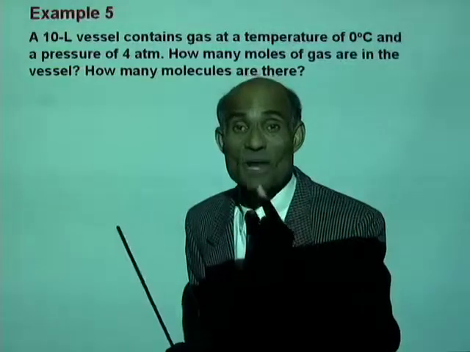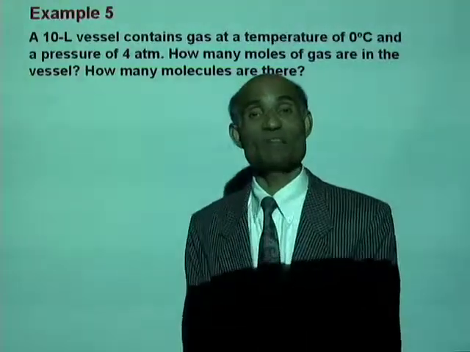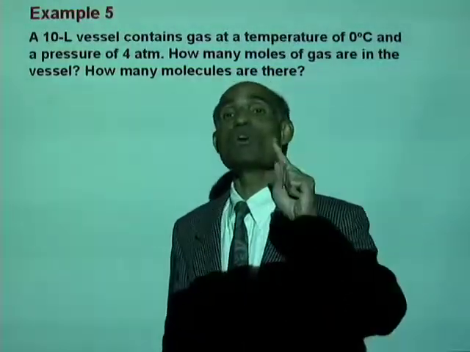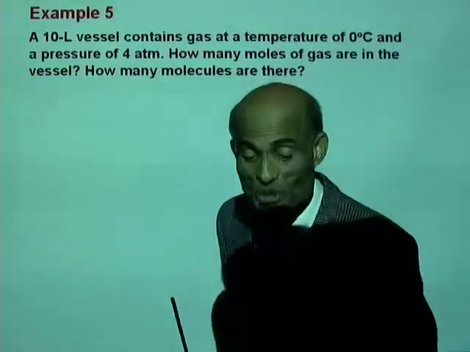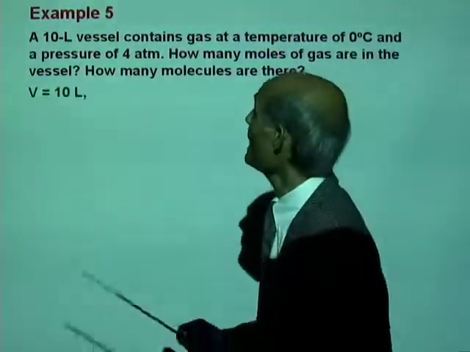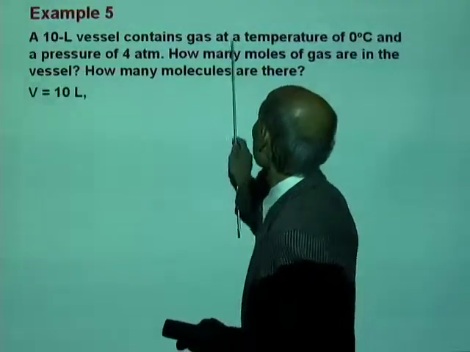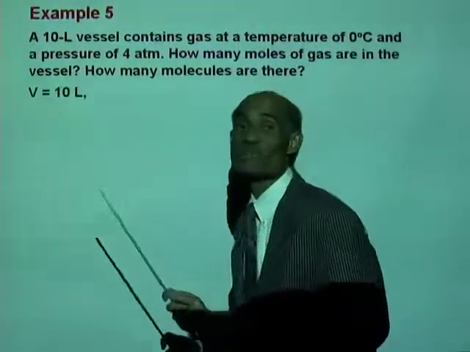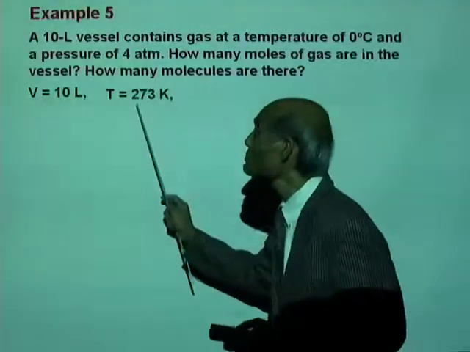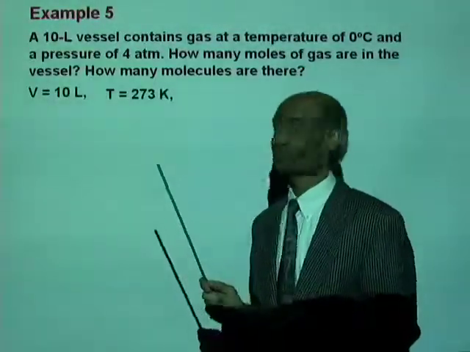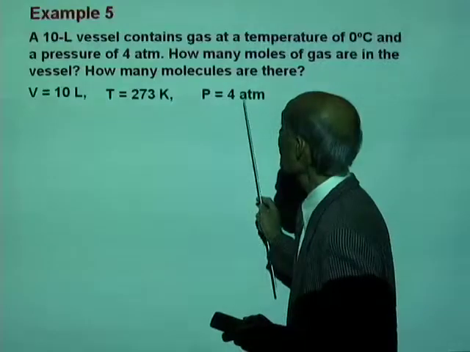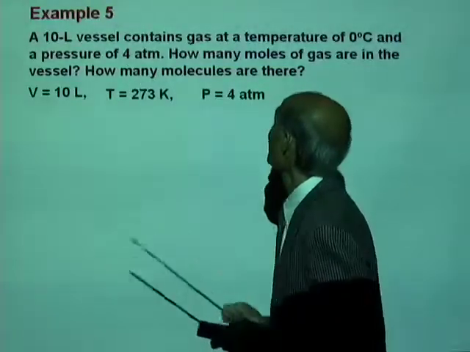We are looking for the number of moles of gas in the vessel. Obviously, you need to go back to the ideal gas law. What do we know here? The volume is 10 liters at a temperature of 0 degrees Celsius. The temperature is 273 Kelvin. Pressure is 4 atmosphere.